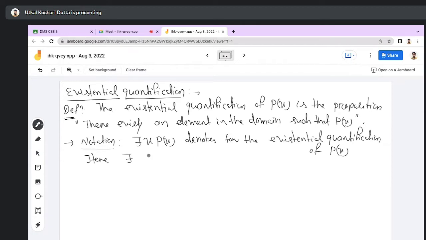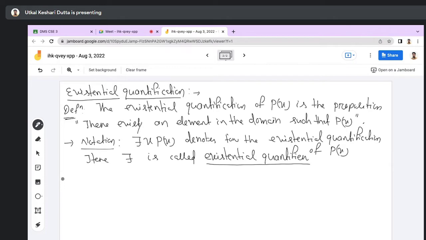The for all symbol is the universal quantifier. There exists is the existential quantifier. Quantifier and quantification are two different things. There exists x along with the predicate P of x, that is the existential quantification. But there exists x, or there exists, that is the existential quantifier.